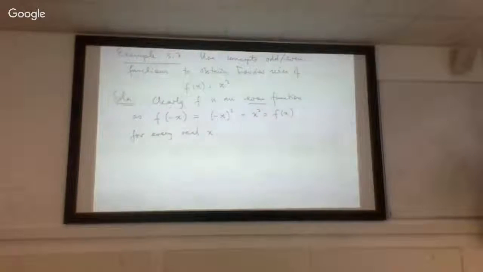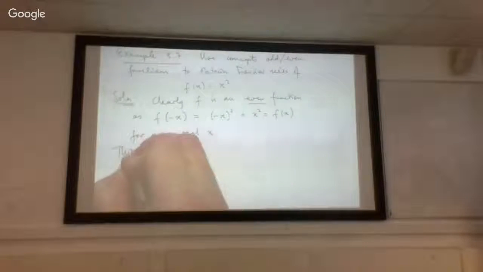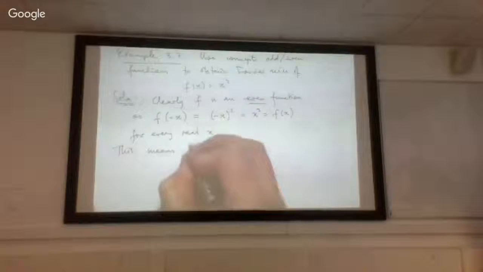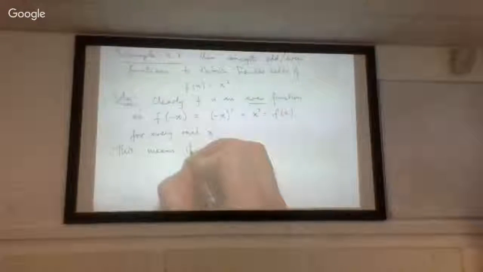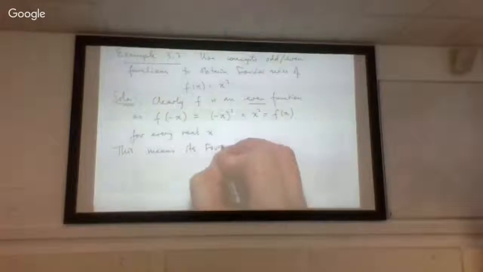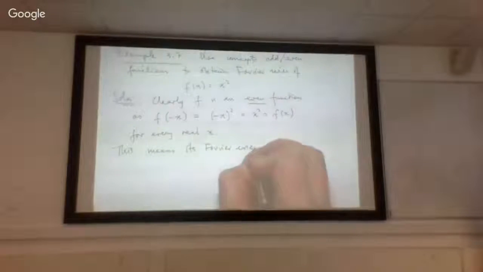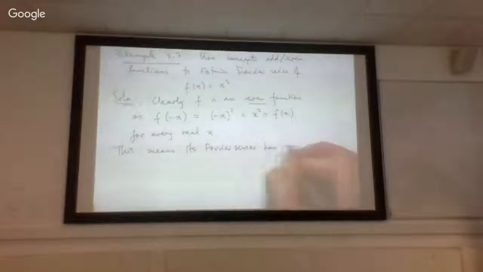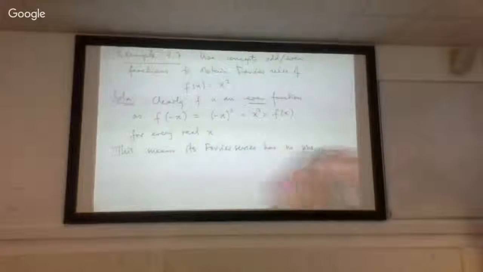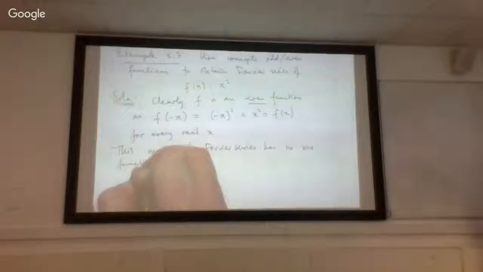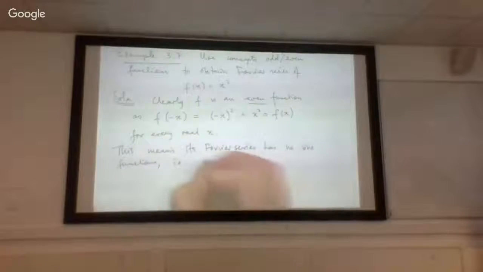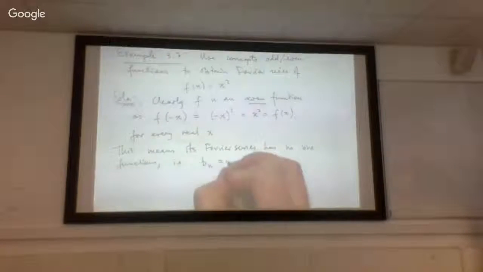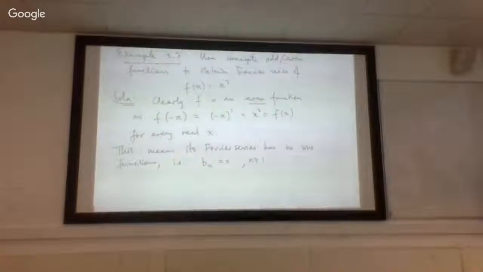So we look at our bank of results about Fourier series for odd and even functions. So this means its Fourier series has no sine functions, i.e. the bn coefficients are equal to 0 for every value of n.